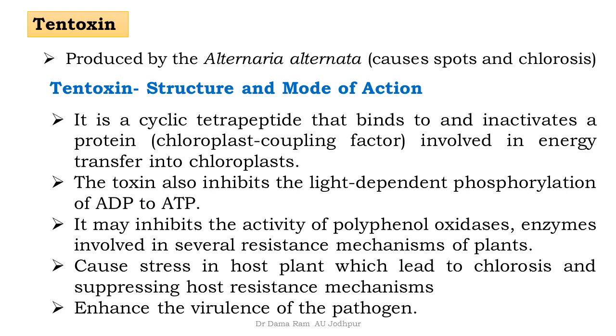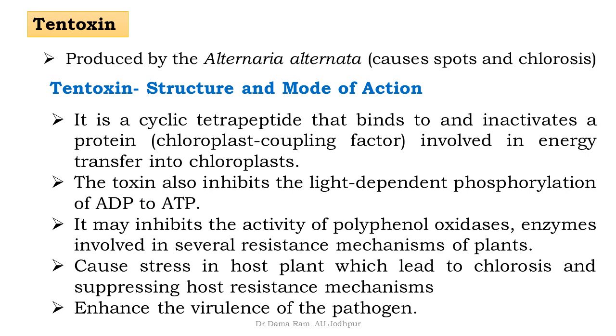The toxin inhibits light-dependent photophosphorylation, the conversion of ADP to ATP, and in sensitive species tentoxin interferes with normal chloroplast development and results in chlorosis by disturbing chlorophyll synthesis.